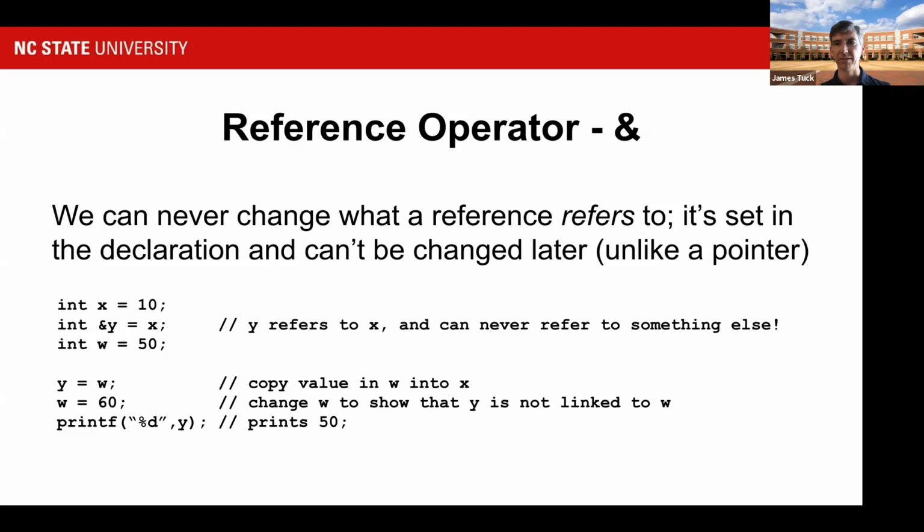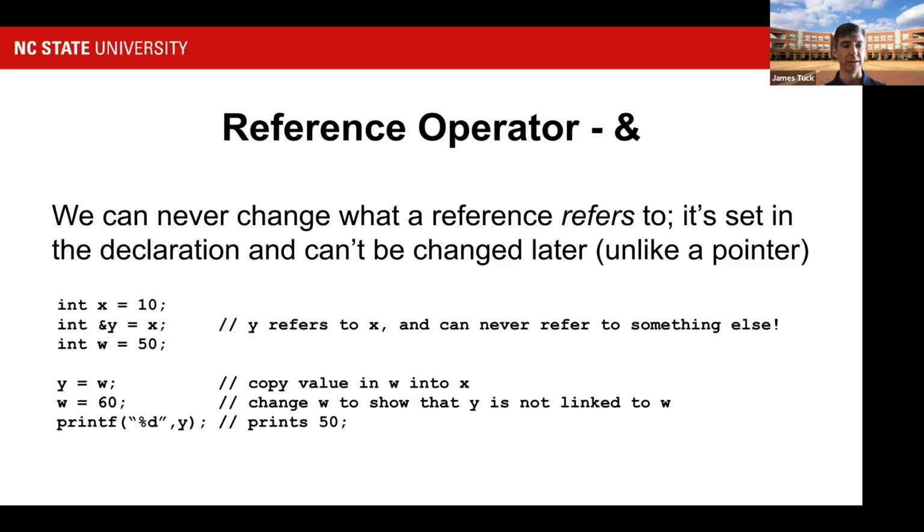What does it mean if I set y equal to w? You might think, well, y is a reference, so that means I'm changing y to refer to w, but no, y can never change what it refers to, it's x. So what this means is I'm copying the value in w into x, okay? So x is gonna become 50. And now when I set w equals 60, w changes.